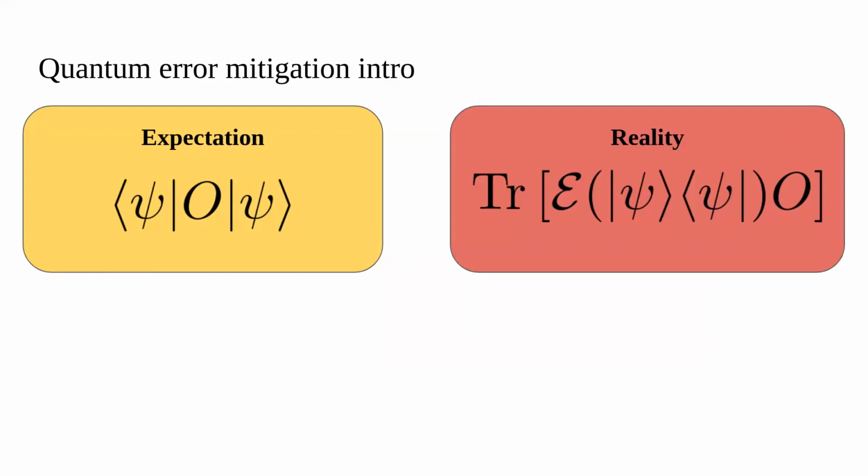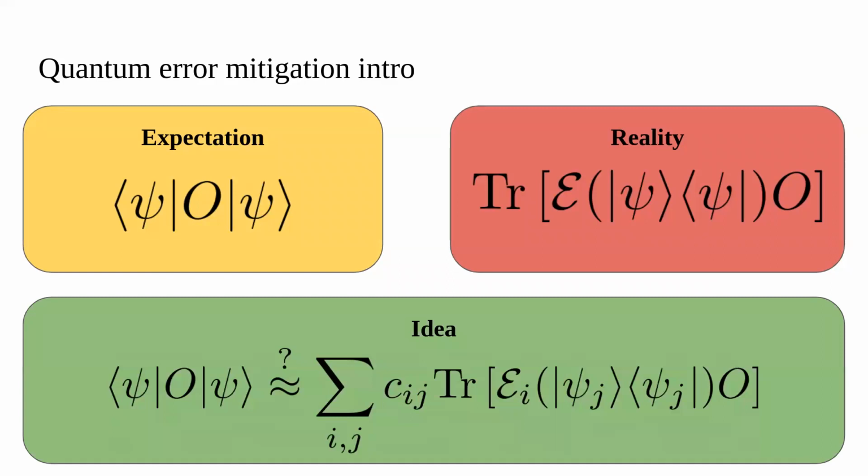Okay, so the idea of error mitigation is you can roughly think about it like this. Just look at the right-hand side now. These are the things that we have. So maybe we can parameterize the states that we prepare, the psi j's. And we can also think about maybe we can parameterize the channel as well.